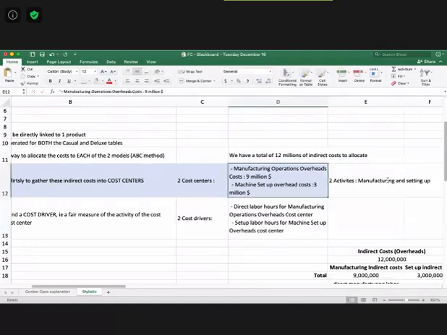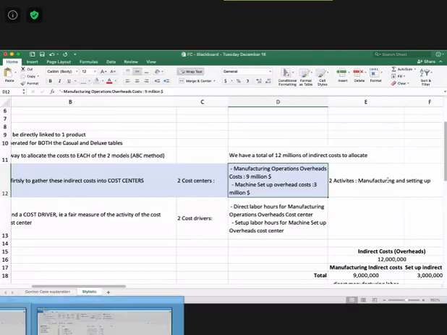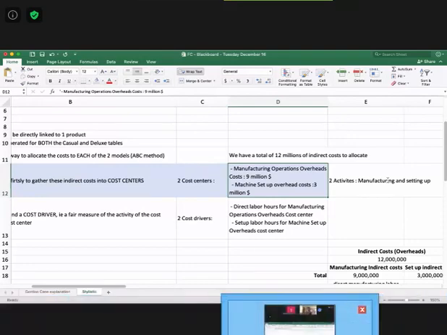For each of these 2 activities, we have been able to identify the total amount of money we spend. We spend $9 million per year in indirect costs to manufacture, and we spend 3 million of indirect costs every year, or this year, or next year, because it's a budget, on setting up. So we have 9 million in indirect costs for manufacturing and 3 million in setting up costs.